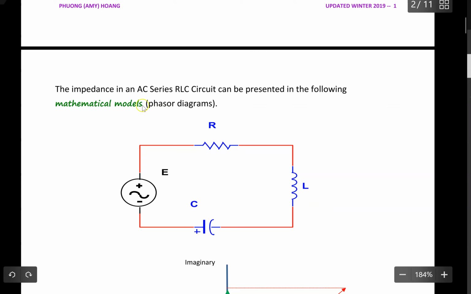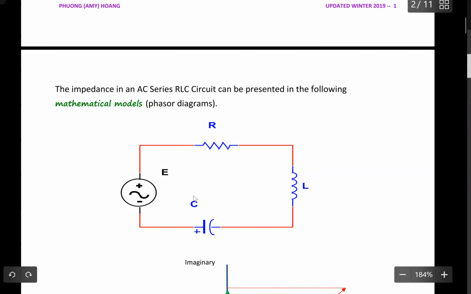So it is an AC series RLC circuit. Note that the current is the same throughout the entire circuit, and also the diagram indicates that I am connecting the resistor, the inductor, and the capacitor in series.